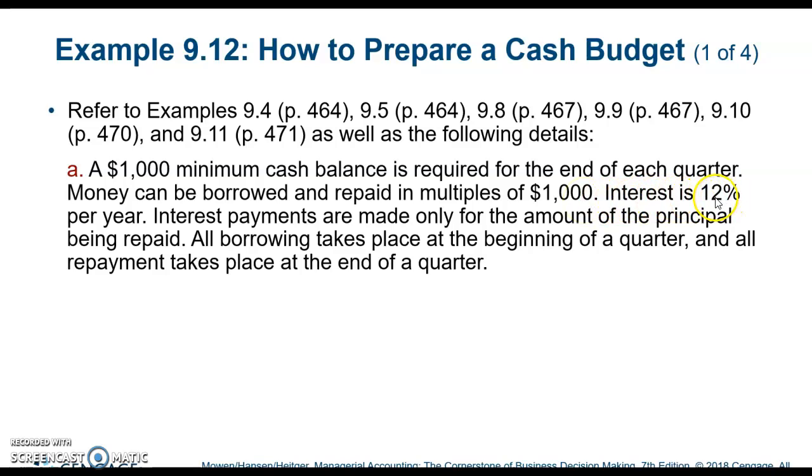Interest that is charged to us is 12%. So we have to figure out not only how much to pay some previous loans back, but we also will have to pay the 12% interest. Okay, interest payments are made only for the amount of the principal being repaid, and all borrowing takes place at the beginning of a quarter, and all repayment takes place at the end of the quarter.